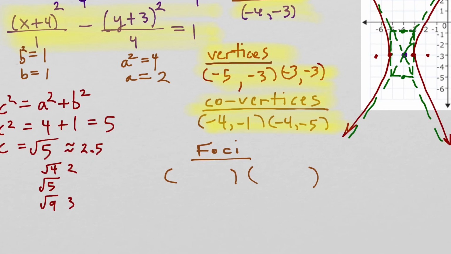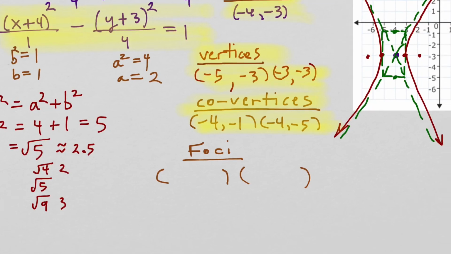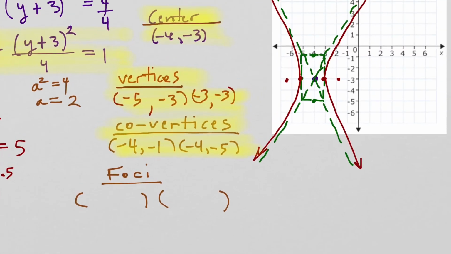We'll say approximately 2.5. So over here, I look at my graph, and I'm going to go 1, 2, 2.5. And then in the other direction, 1, 2, 2.5.